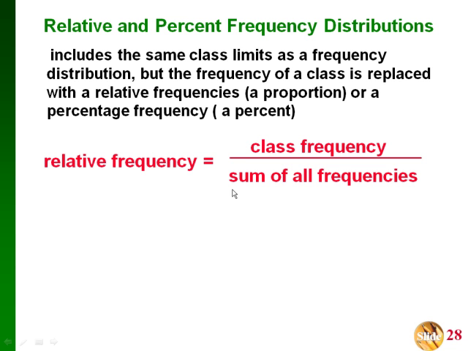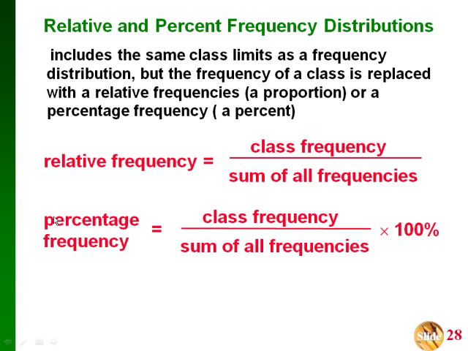In other words, take all the frequencies and add them up. Get the total, and then for each class, to get its relative frequency, you divide that class's frequency by the total. To get a percentage frequency, you just take those relative frequencies and multiply by 100. All you're doing is converting from decimal form to percentage form.